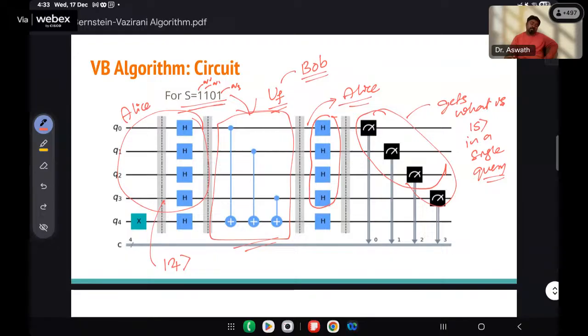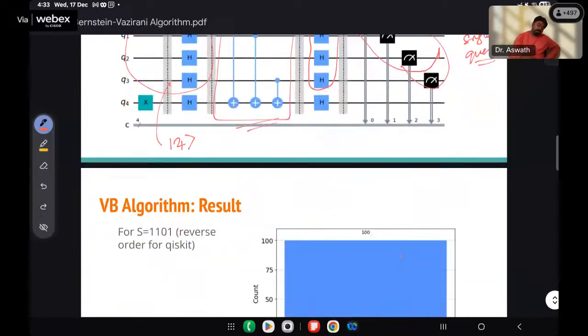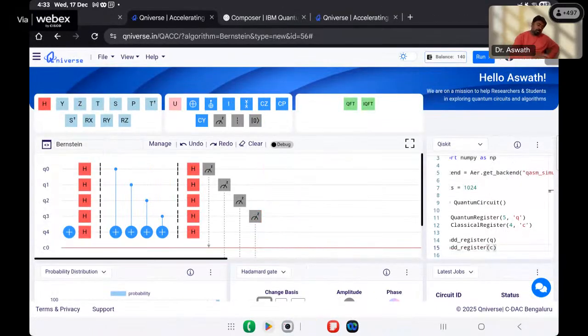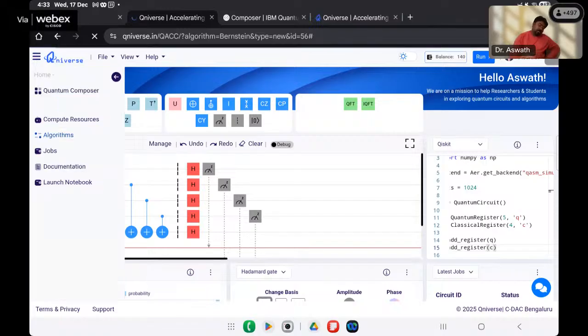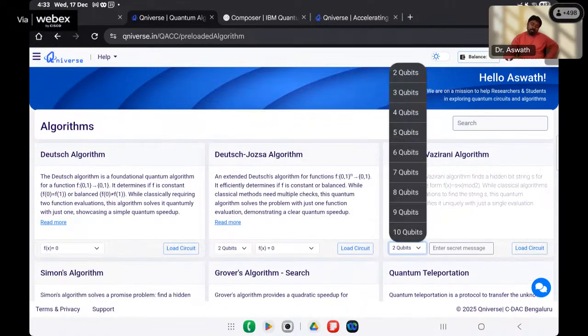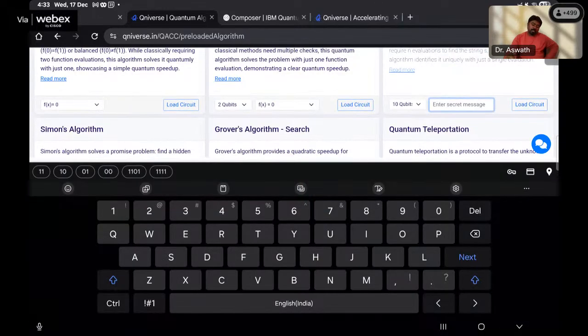So this is the Bernstein-Vazirani algorithm, and I had shown you the implementation. You can check any kind of bit string, let's say 10 qubits. What is the number?